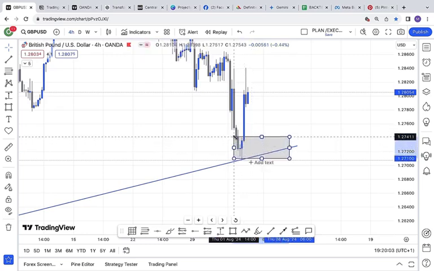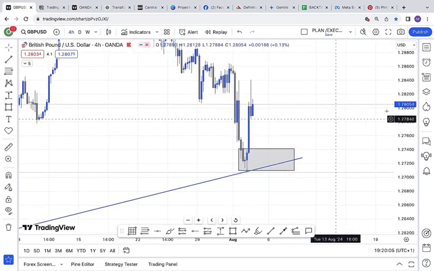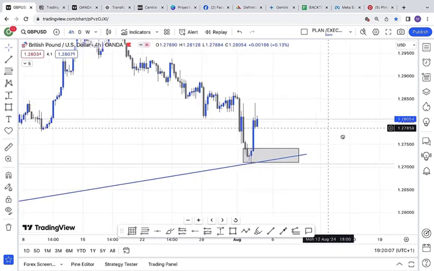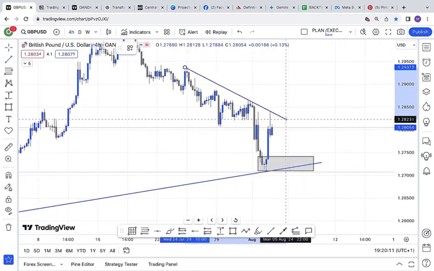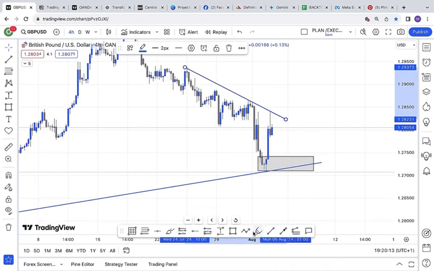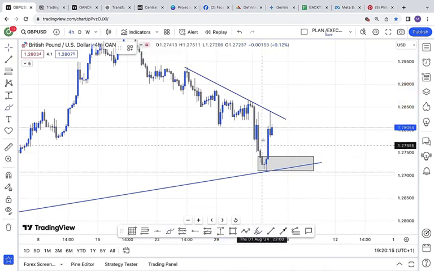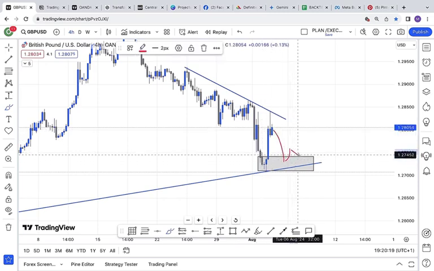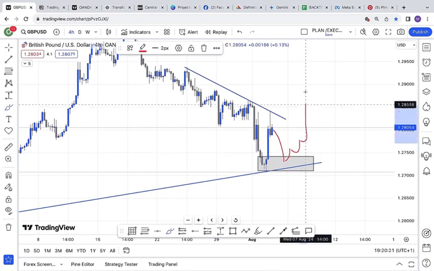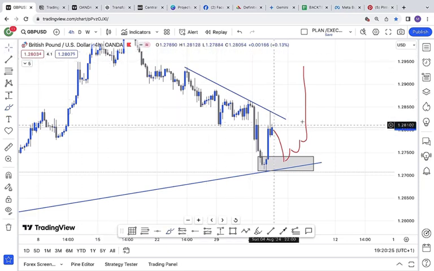I'll be expecting price to come into this area for me to take any decision on buy. Maybe on Monday, Tuesday, we'll be expecting the price to come to this zone and then take off. Okay, that'll be on the GBPUSD.